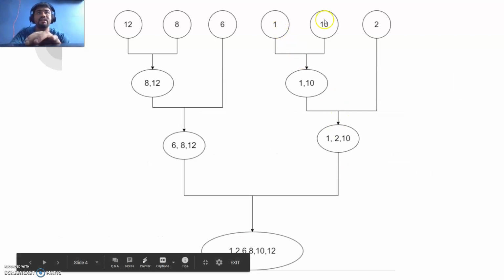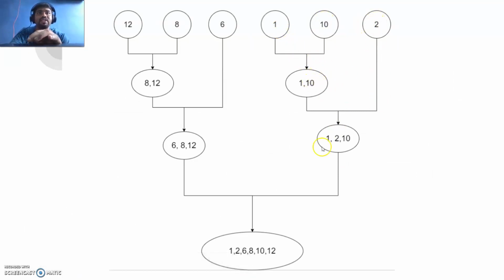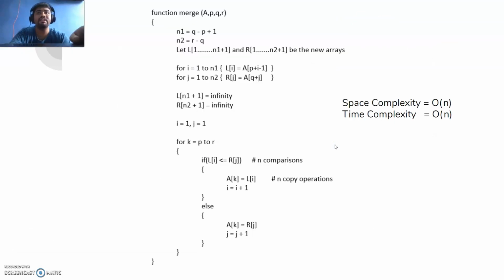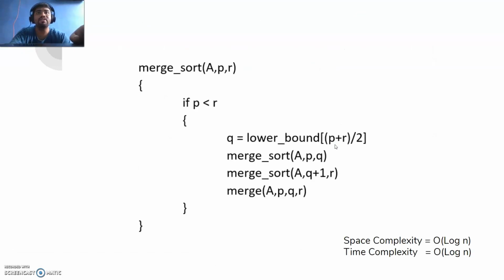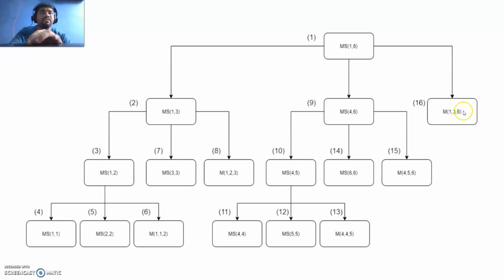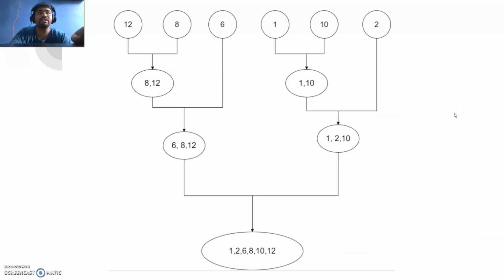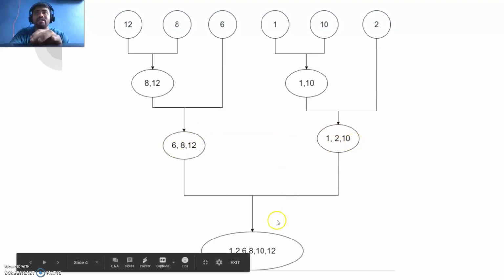We have 1 and 10, which get sorted, and then 1 and 10 with 2 get sorted. And the final merge function will be called over here, when 1, 3, till 6, so all of this, the L array and R array, get merged and we get the final sorted array.